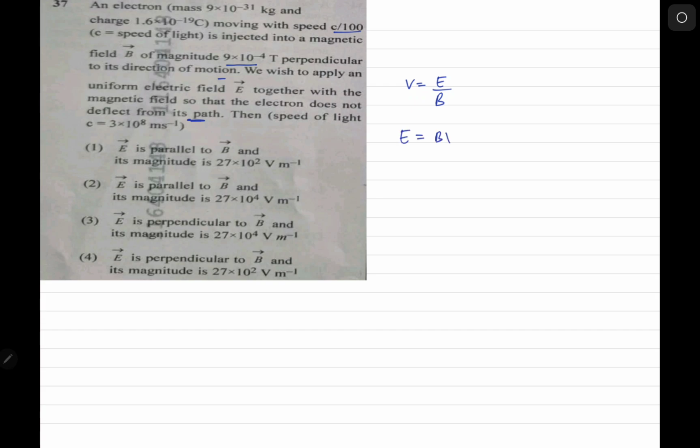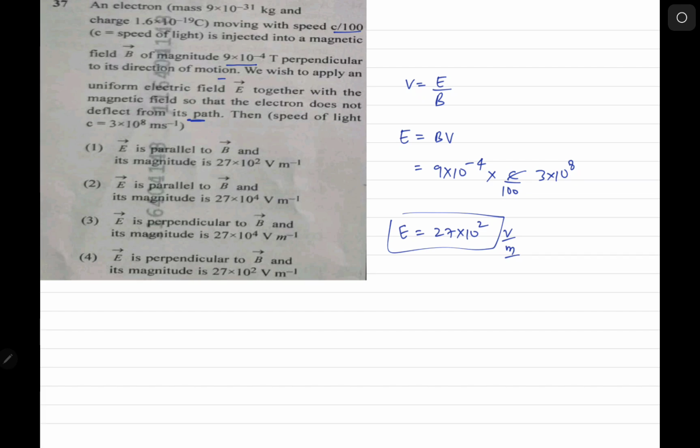E is equal to B into V. So B is 9 into 10 to the power minus 4, into V is C by 100. So 27 into 10 to the power minus 4 into 3 into 10 to the power 8 by 100, so this is the electric field, 27 into 10 to the power 2 volt per meter.